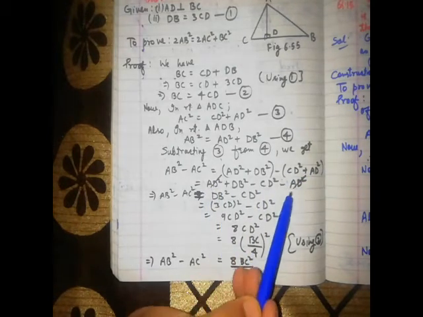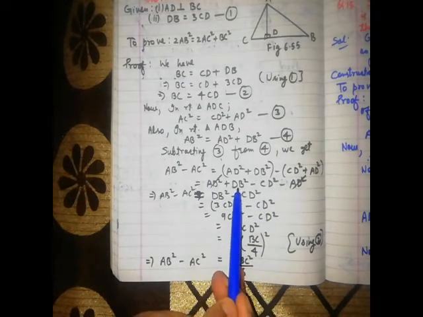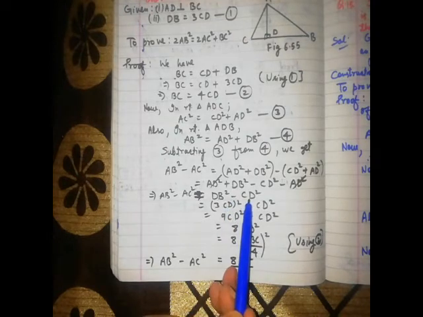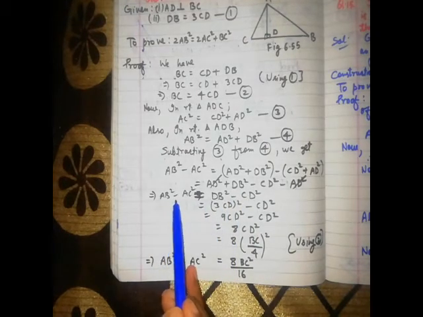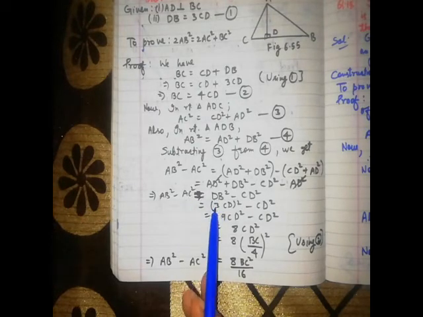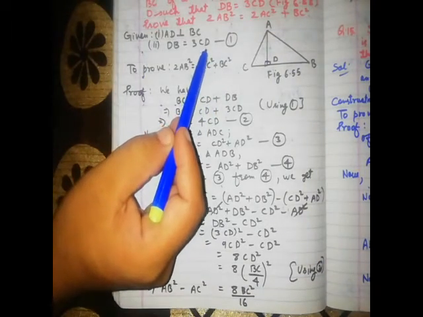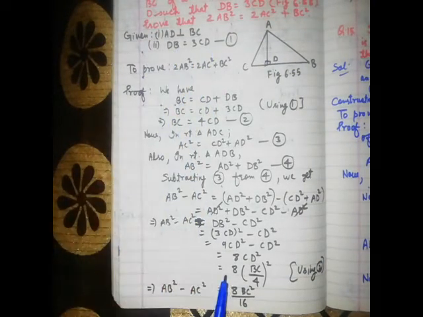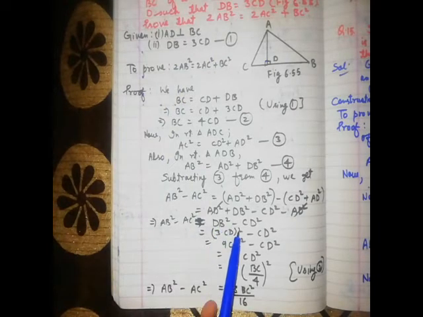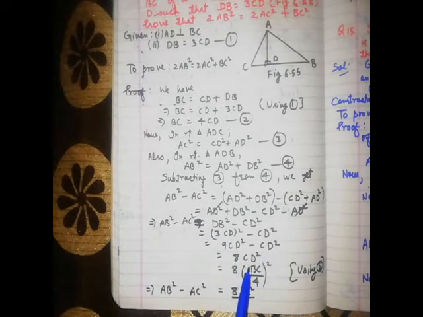This AD square cancels this minus AD square because AD square minus AD square is 0, and we are left with DB square minus CD square in the right side, and in the left side we have AB square minus AC square as such. Now DB is 3 times CD. It is given and we have written it in equation number 1. So we write 3 times CD for this DB square, as such minus CD square. 3 square is 9, CD square is CD square. 9 CD square minus CD square is 8 CD square.